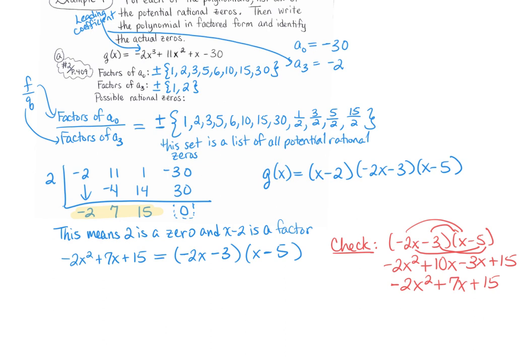Okay, so what we did was we factored this in factored form completely, and now what we also have to do is identify what? The actual zeros. Good. We identify what is a zero already. What do we identify as a 0 already? 2.